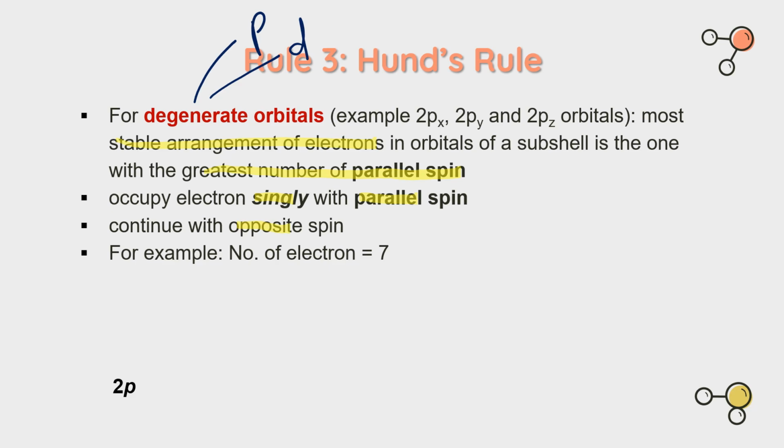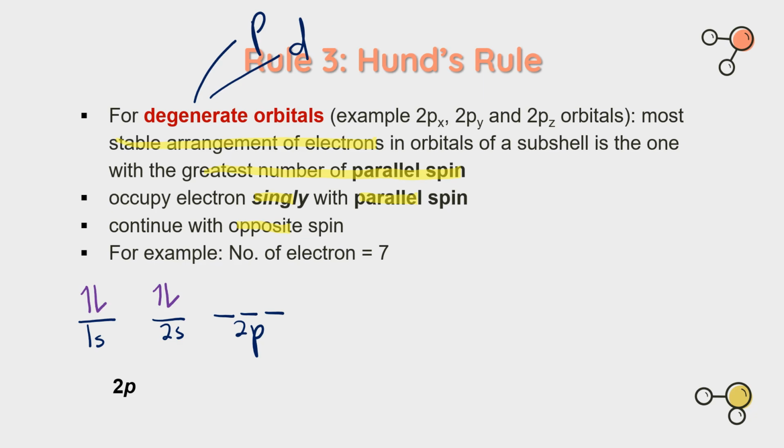So for example, we have a number of electrons, 7. To fill the 7 electrons, firstly you have to completely fill the electrons in 1s, because 1s is the lowest energy orbital. And then the remaining electrons we will fill in the 2s orbital.